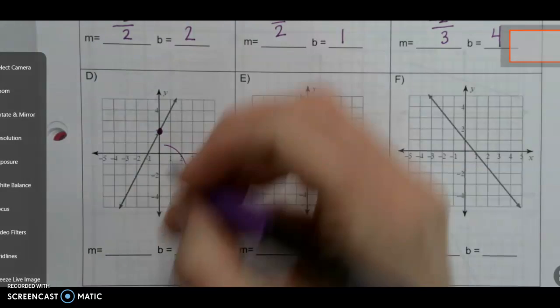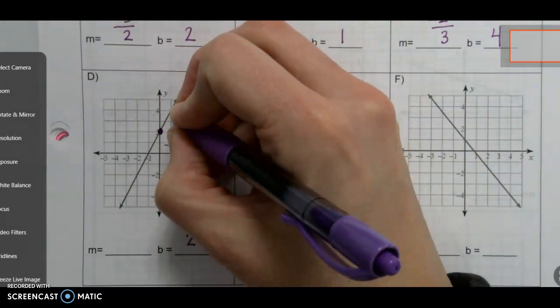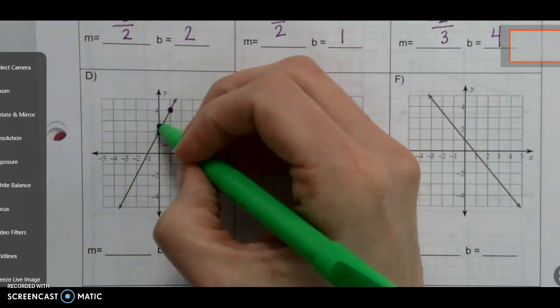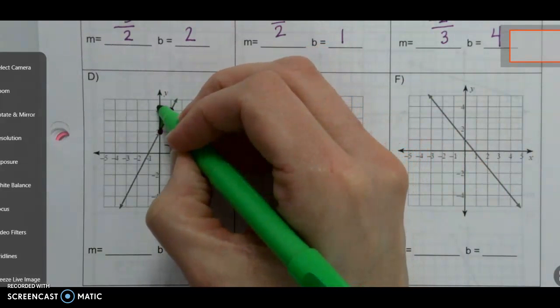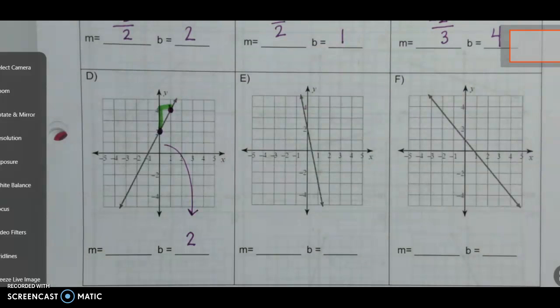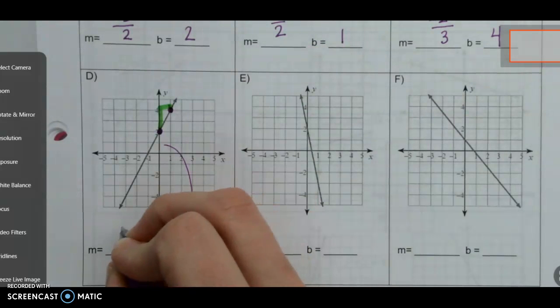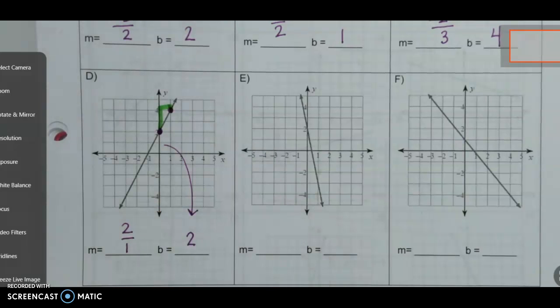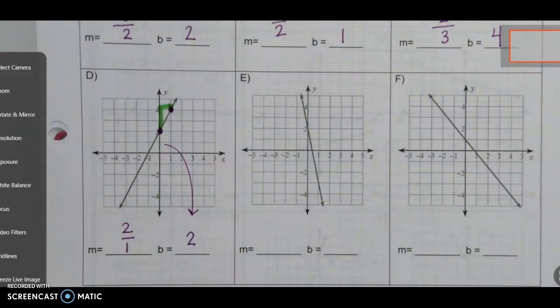Then I have to find another dot on my line, which there's a nice dot right here as well. And then I can count the slope between the 2 dots. So between the 2 dots, I'm going to count up 2 over 1. Because I went up, that's going to be positive, and then the 1 on the bottom, because I went to the right 1.